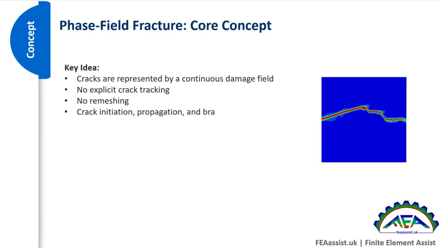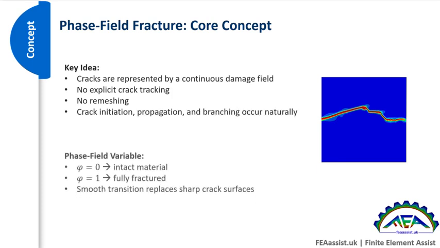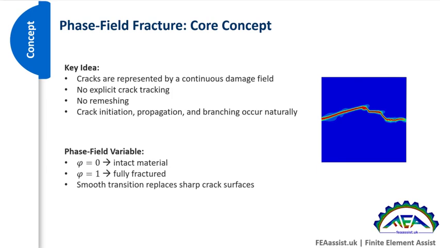Indeed, crack initiation, propagation, and branching occur naturally. The phase field variable smoothly transitions from 0 to 1, from intact material to fully fractured. This continuous transition helps us to not need a remeshing rule.